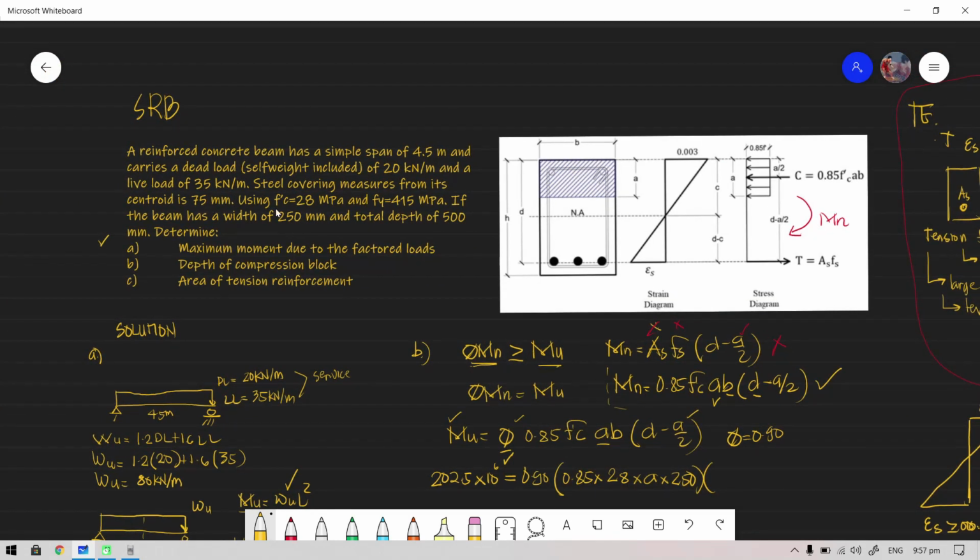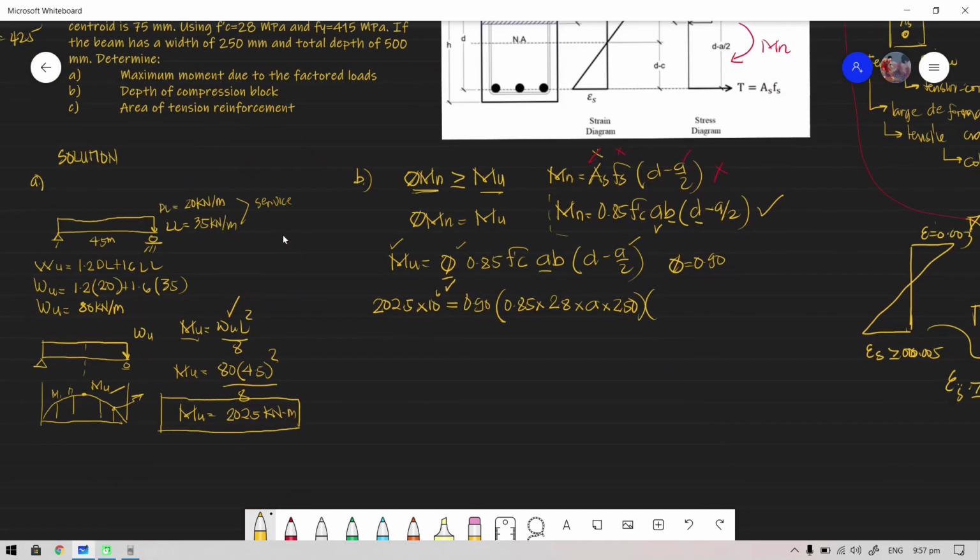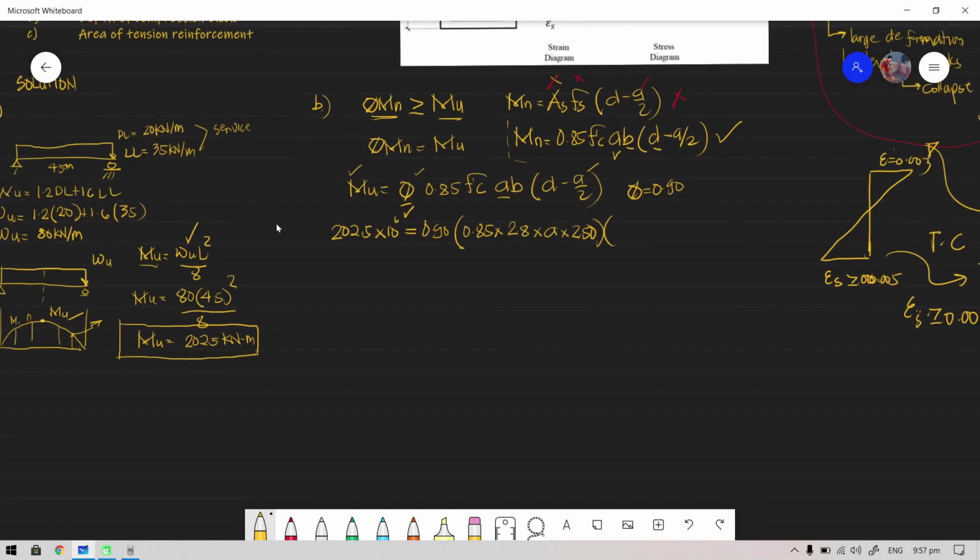So, ibig sabihin, ang total depth ng 500, yung effective depth will be H minus 75. So, ang D natin is 425. So, 425 minus A over 2. So, isa lang yung unknown dyan. Okay, kaya na ninyong i-calculate to.